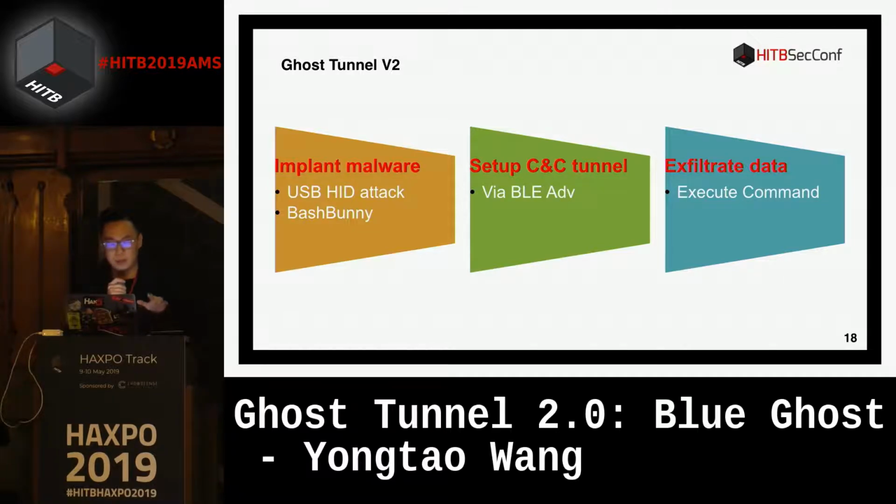So GhostTunnel established the C&C channel via a custom protocol based on the BLE protocol, and this custom protocol does not affect the victim's normal network connection. For example, the victim can still access the internal network. So the attacker can covertly pass commands to the target system and exfiltrate data. The victim won't be able to find any anomaly.